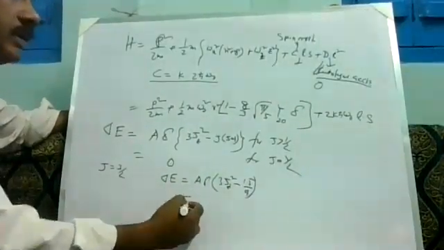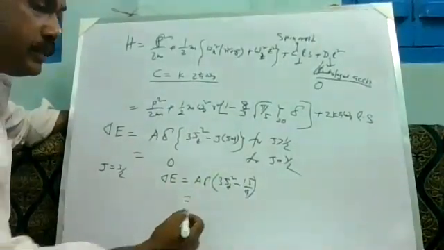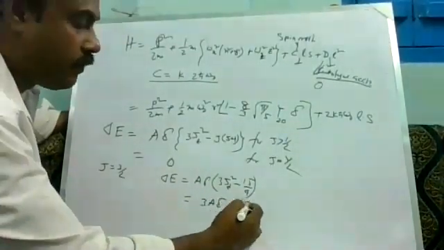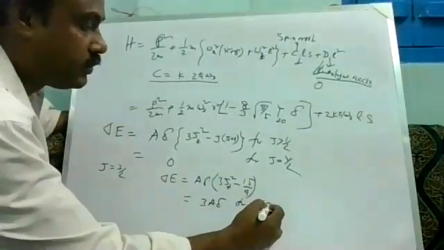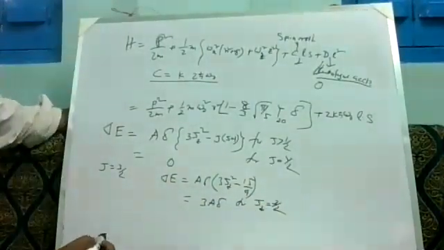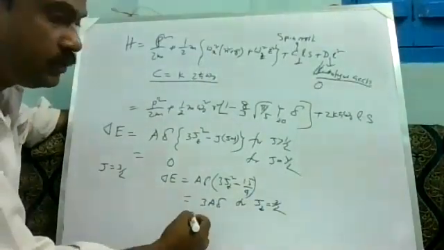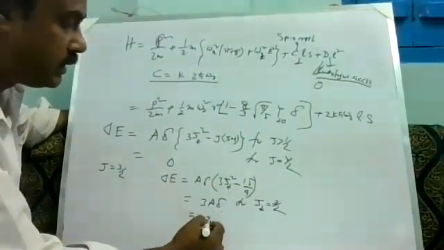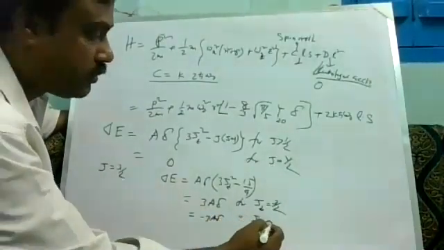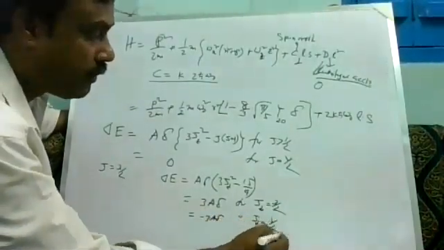So this will equal 3A delta for jz equals 3 by 2, and this would equal minus 3A delta for jz equals half.